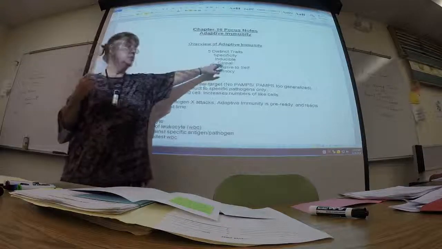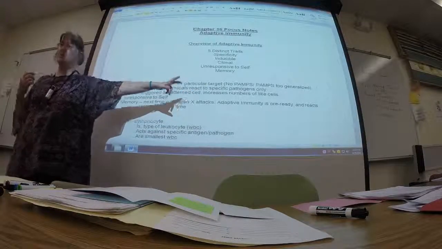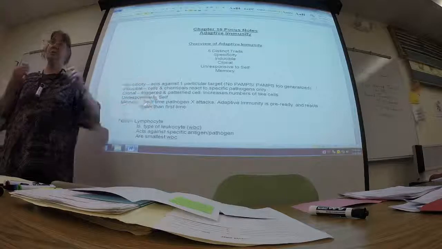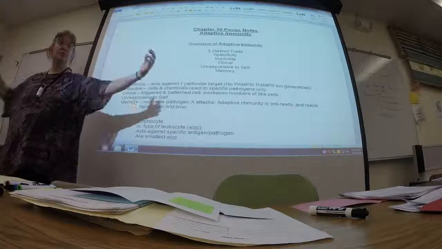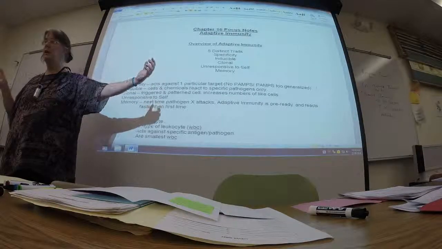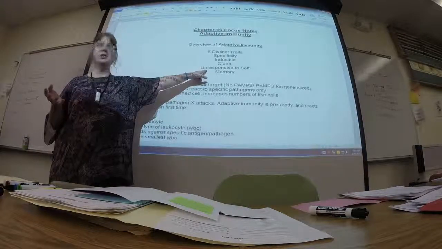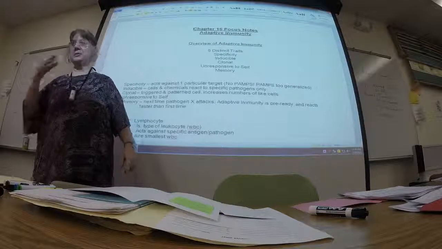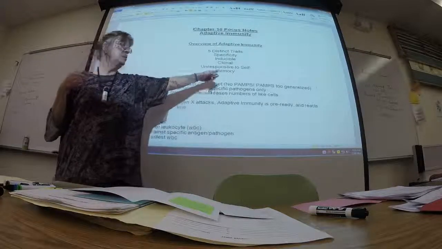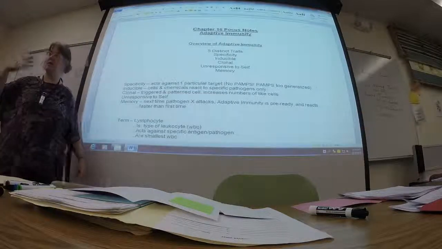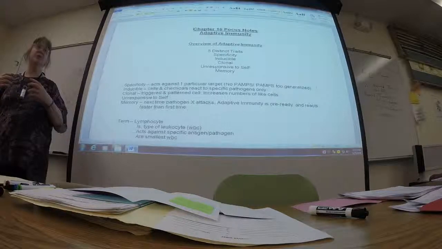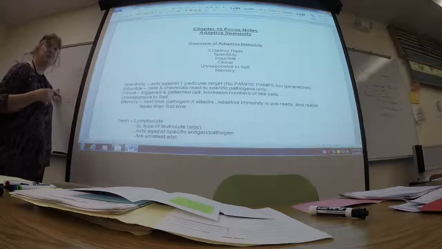Expansion means when you do have your activated TC cells or your B cells, you want what? You want more of them to fight for you. Okay, unresponsive cell, that relates back to clonal deletion. That's very bad. You don't want to attack self cells. Okay? Memory means the second time you get the illness, you're more protected because you don't have to go through the APC coding.